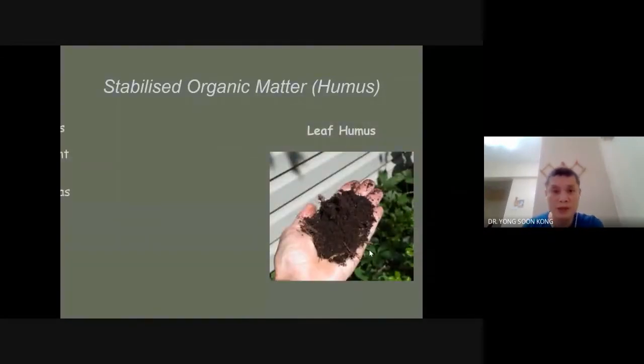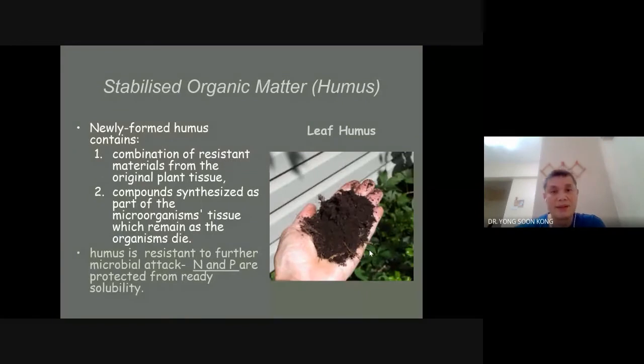Whereas the stabilized one, there's a big difference between stabilized organic matter and decomposing organic matter. Now, at this stage, it is said that the bacteria, why I say bacteria, because bacteria is the last stage, the last stage of organism that can break it into smaller parts.